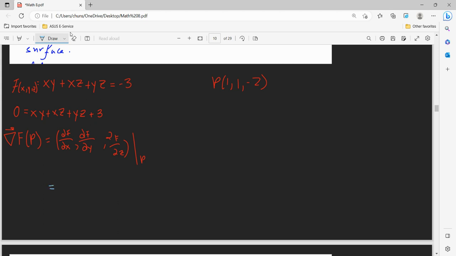Our first one is y plus z, and this is 0 because this is not including our x as a variable. So that's our first one done.